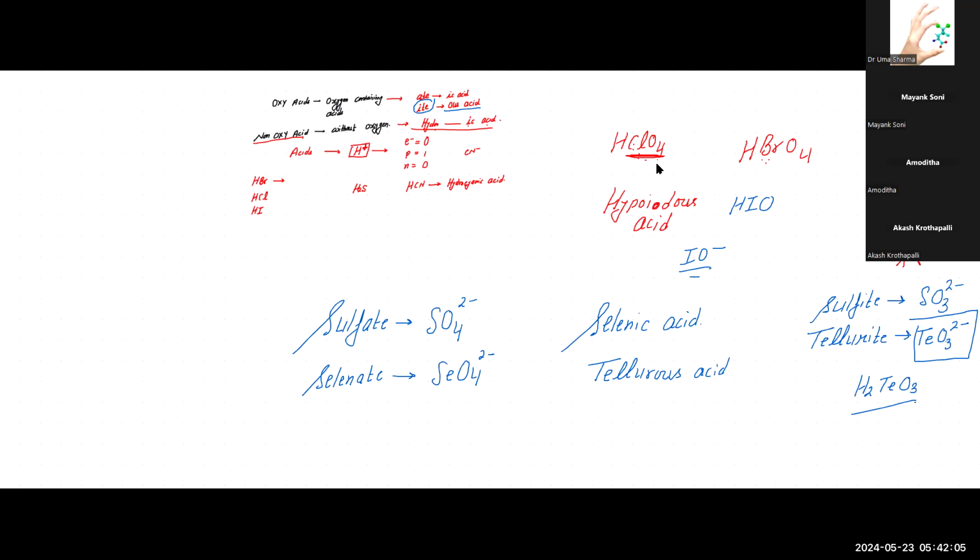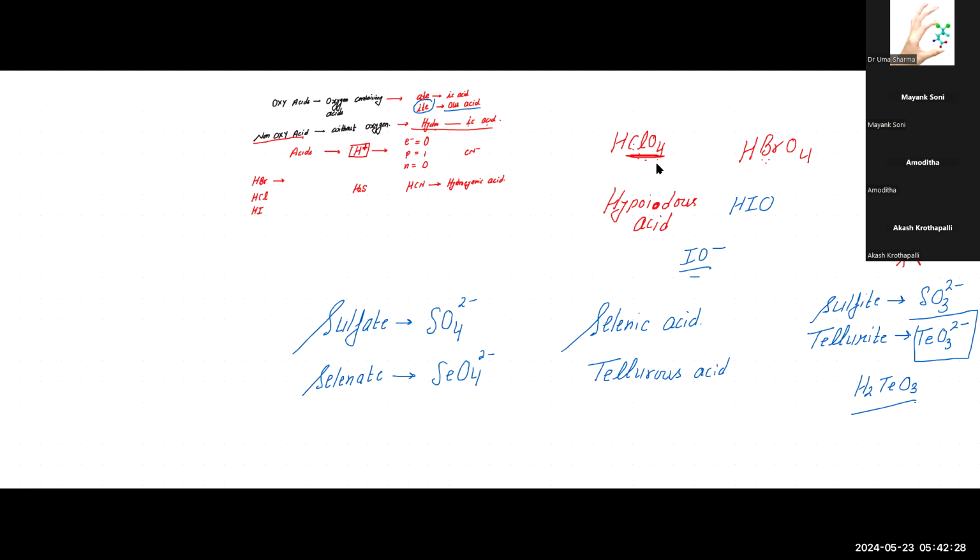It's not just because of the electronegativity. There are many differences. So we have understood how to do the nomenclature of oxygen containing and without oxygen.